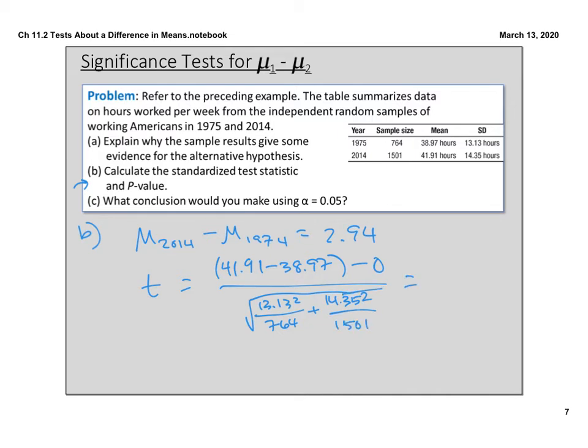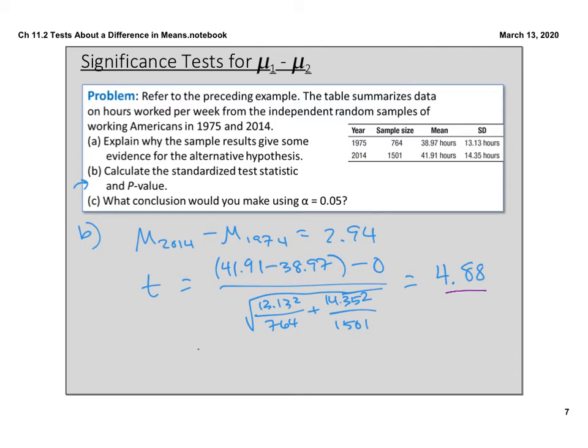Okay, so go ahead and type all that into your calculator and you end up with a t-test statistic of 4.88. That's a really high test statistic. That's a lot of standard deviations away from the mean. You have to remember that 99.7% of our data falls within 3 standard deviations. This is almost 5 standard deviations away.